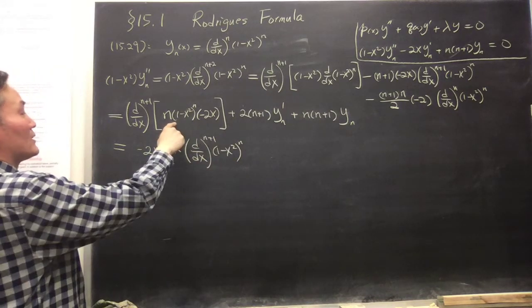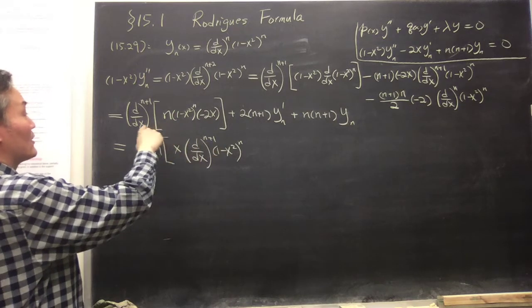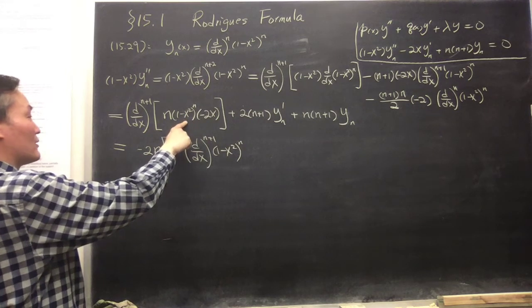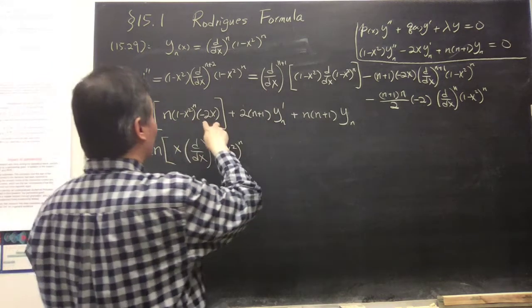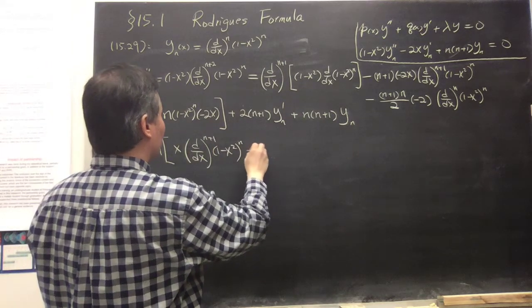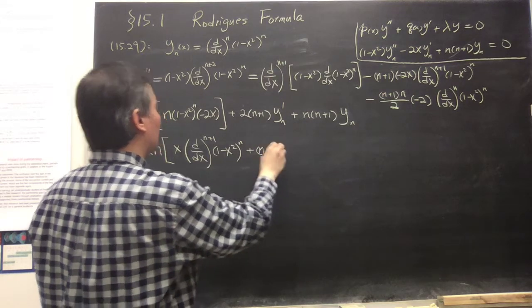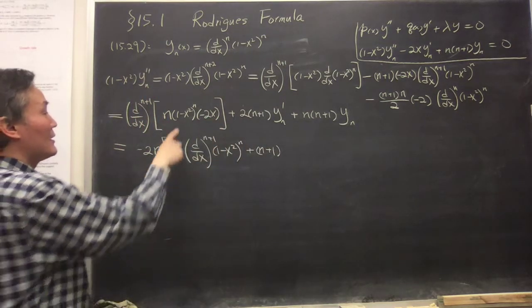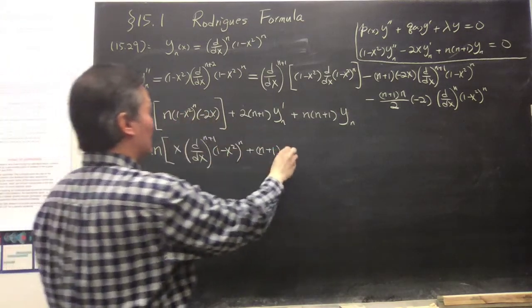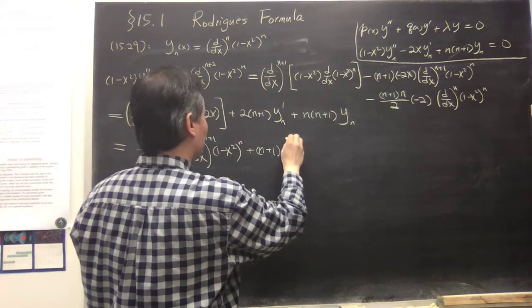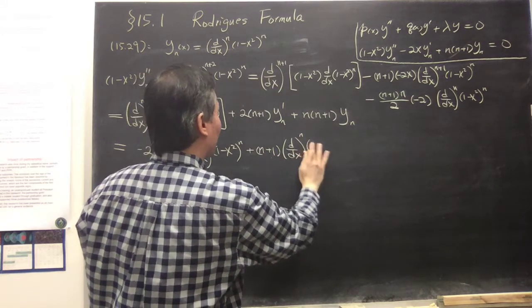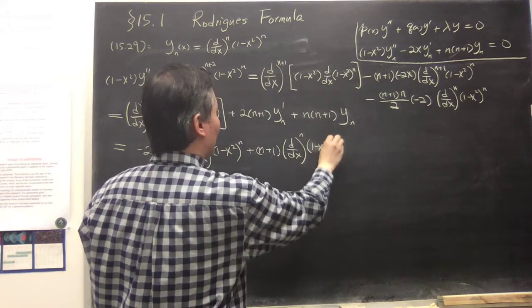And the next term is the first derivative of that times the n derivative of this one, multiplied by the coefficient, which is n plus 1, so it's plus n plus 1. The first derivative of x is just 1, and so you get the n derivative of 1 minus x squared to the power n.